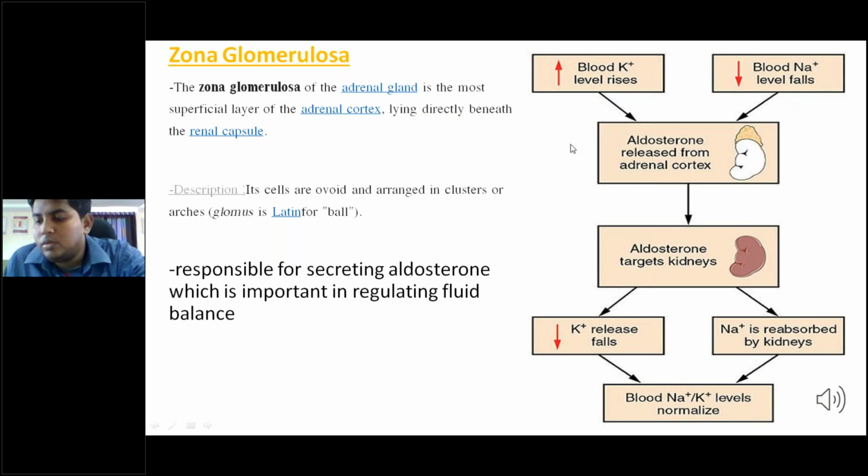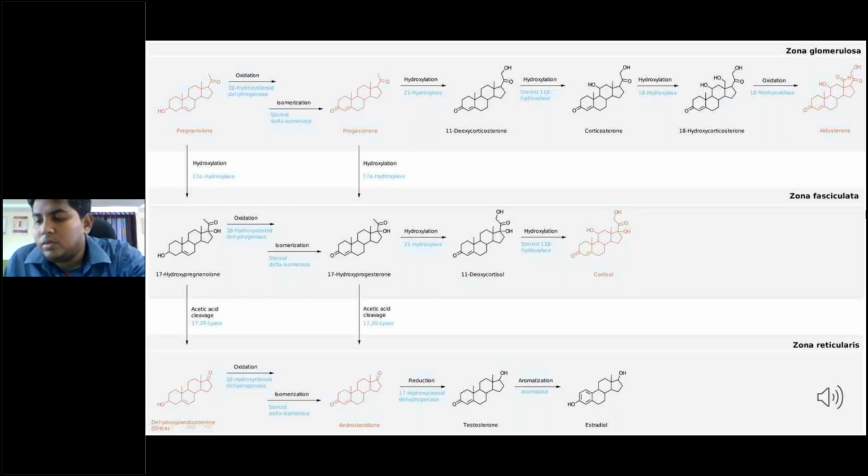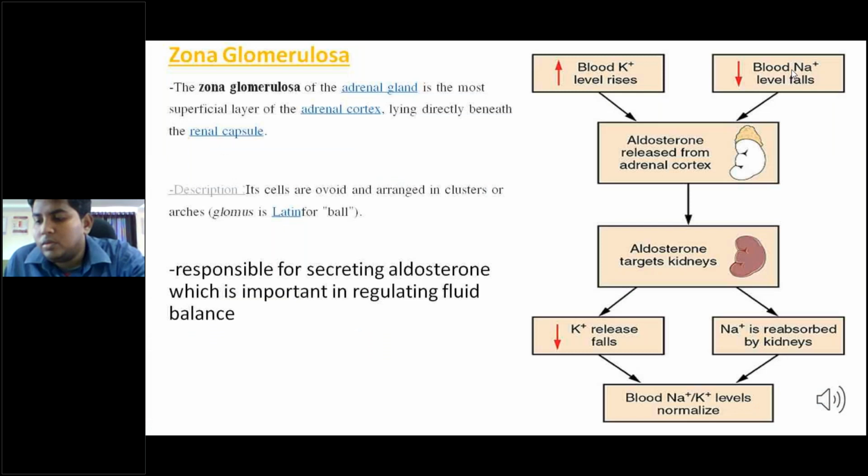It is released from the adrenal cortex and regulates the level of potassium and sodium.